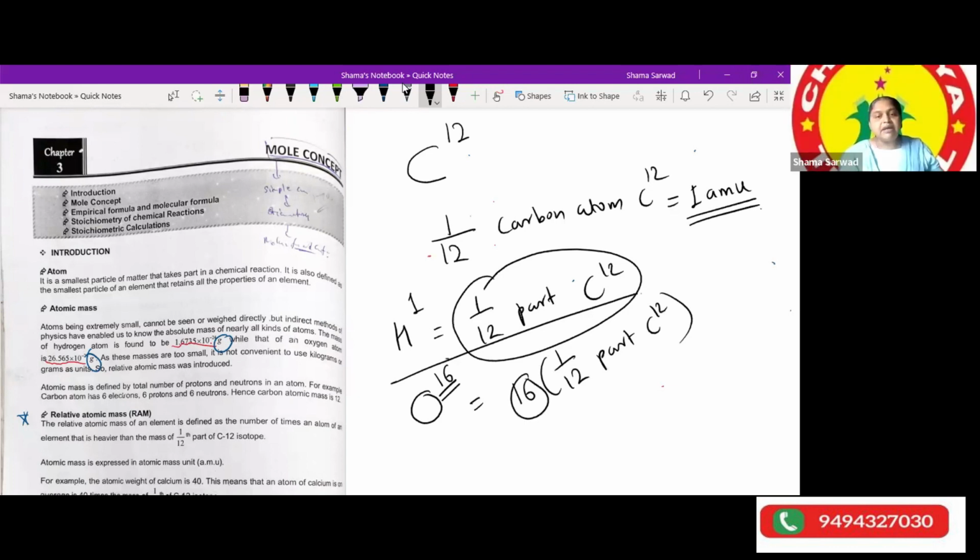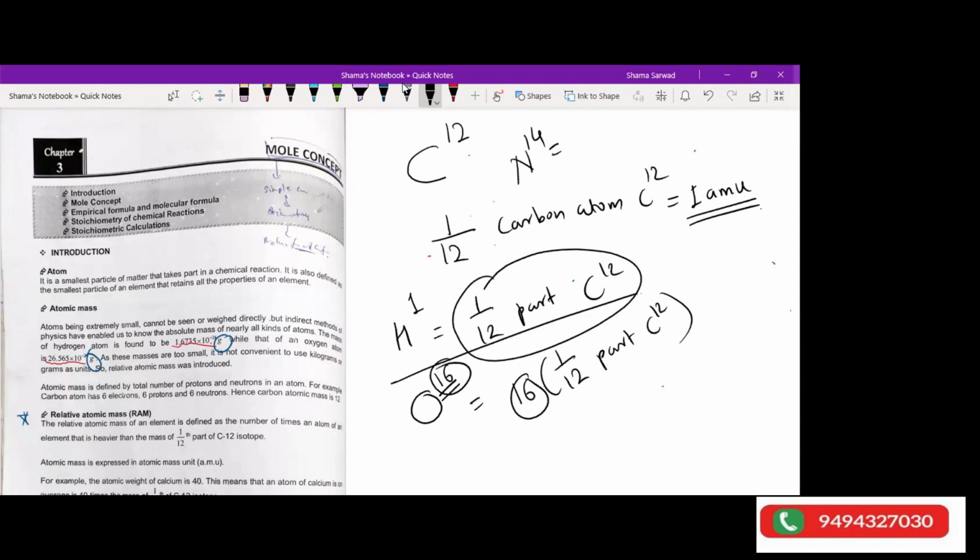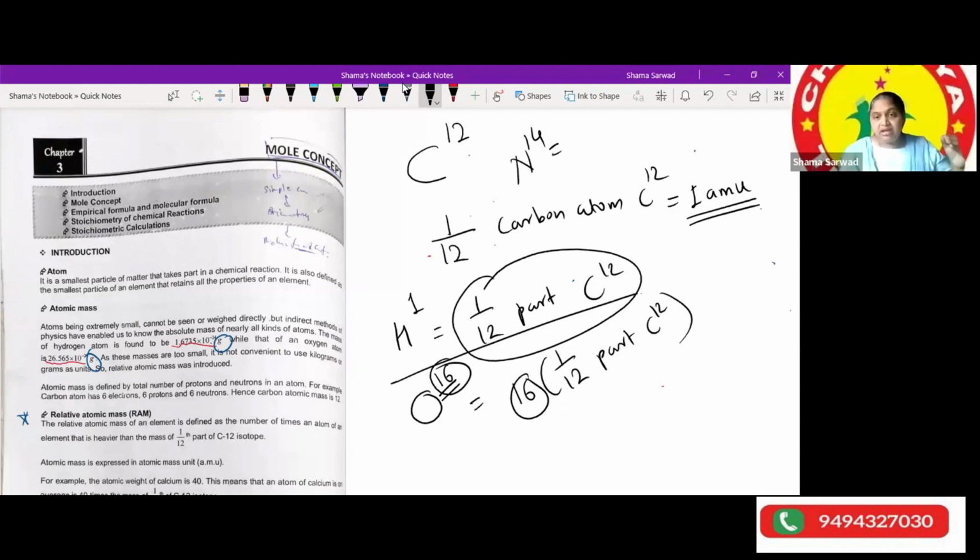And hence the atomic mass of oxygen is 16. Nitrogen has an atomic mass of 14. Why? To balance nitrogen, 14 parts of 1 by 12th of carbon 12 would be required, and hence nitrogen has an atomic mass of 14.